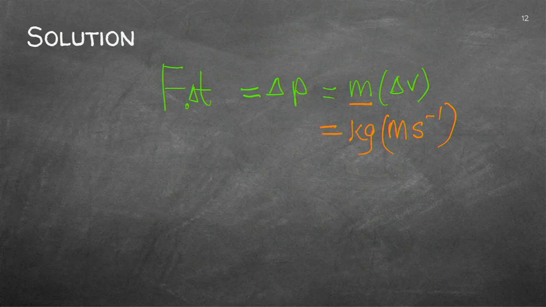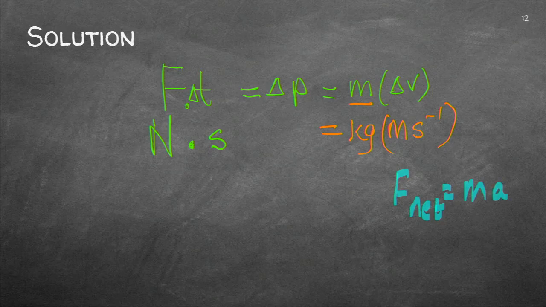So let's leave that side. This side, I've got F, which is newton, times second. Remember what Newton's second law said. Let's quickly write it down. It said the net force equals ma, with m being kilogram and a being meter per second squared.